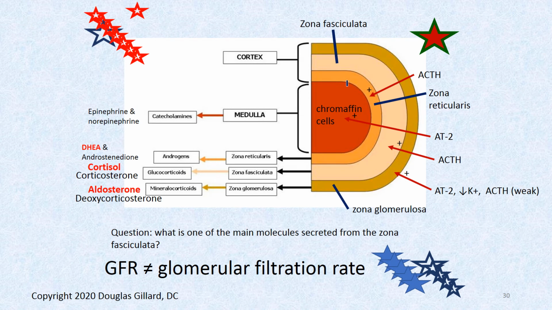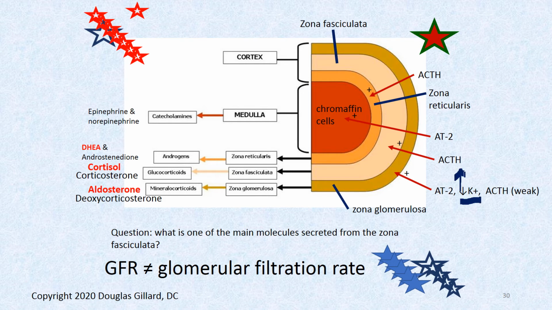Here's a little review slide. I'm not going to go through all this, but just to show you, angiotensin II can bind to the zona glomerulosa, cause the release of aldosterone. That should be increased potassium. Okay, slide 30, I need to fix that.